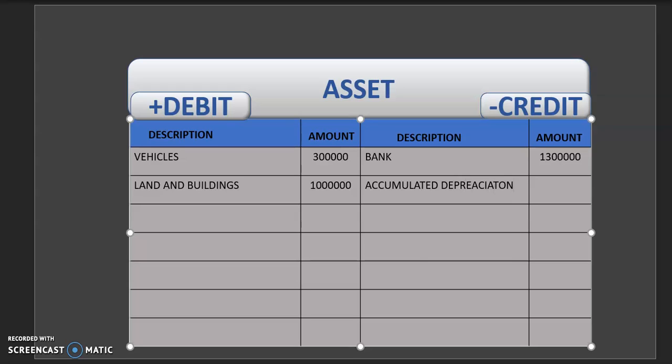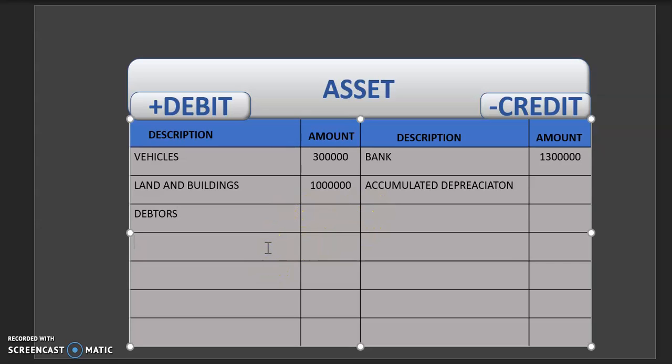Right, accumulated depreciation. What else? This side, it would be your debtors. So let's say we sold stuff to our customers on credit and we gained a whole lot of debtors.